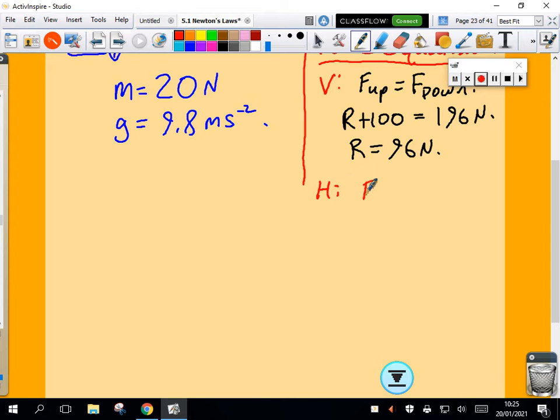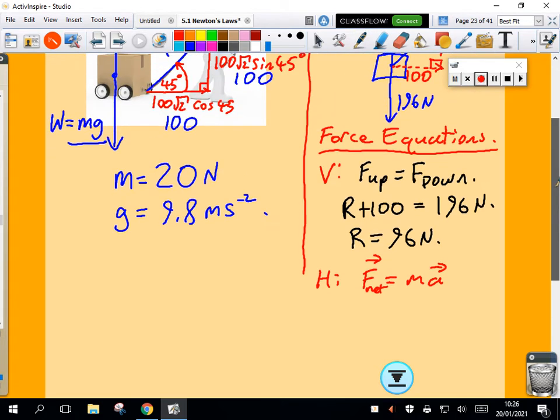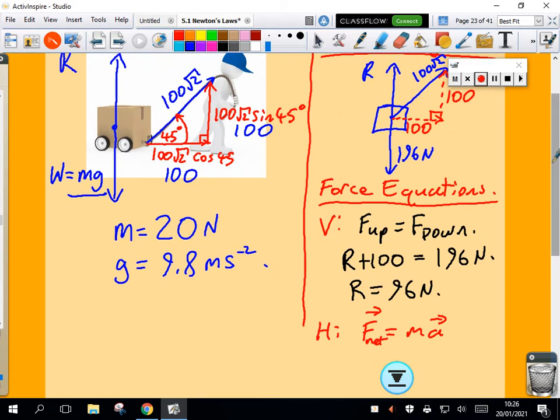Horizontally, we're looking at F net equals ma. The net force is equal to the mass times the acceleration. I'm going to consult my force diagram here to find my net force horizontally. Well, there's only one horizontal force, which is 100 newtons. The mass of the box is 20.